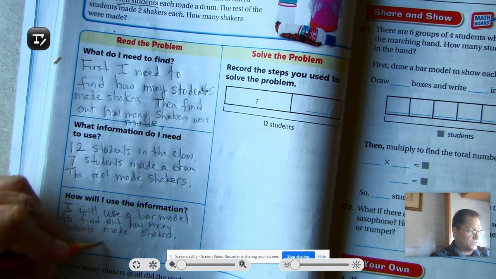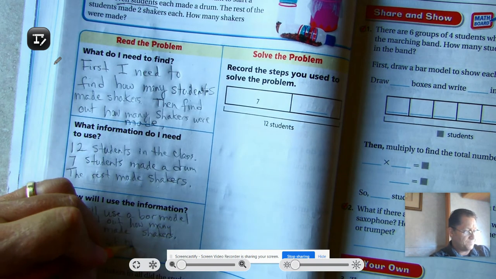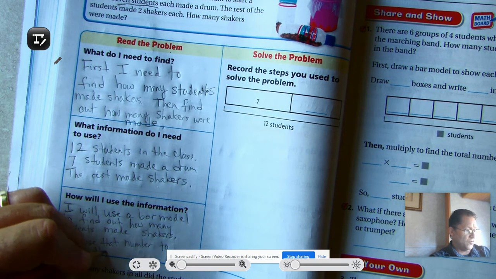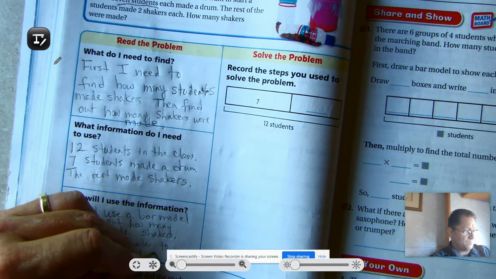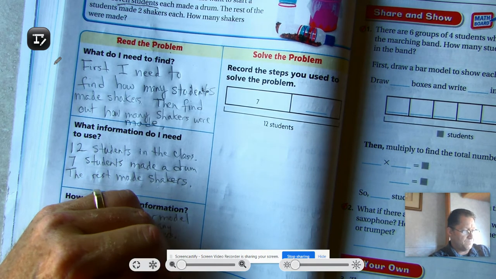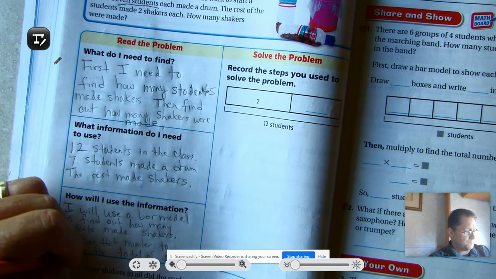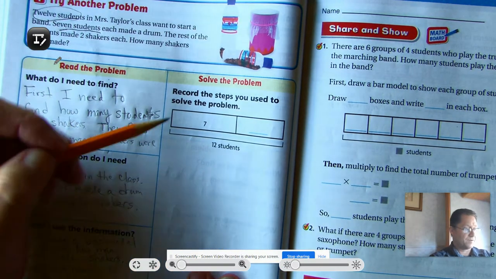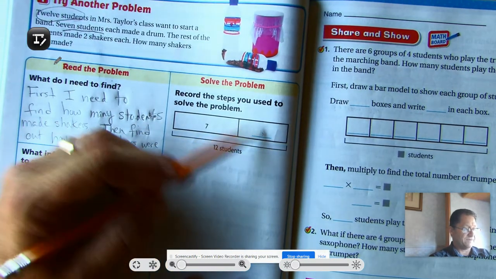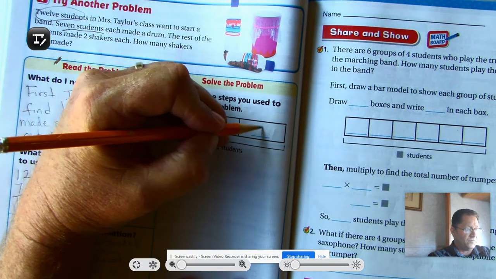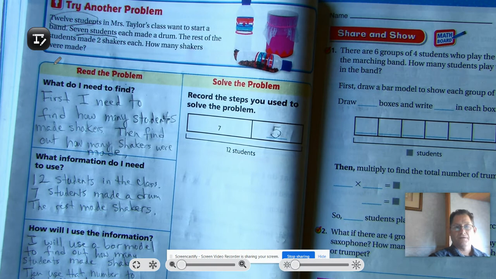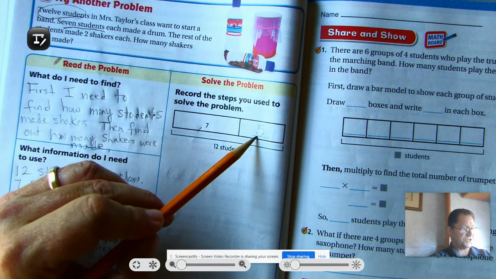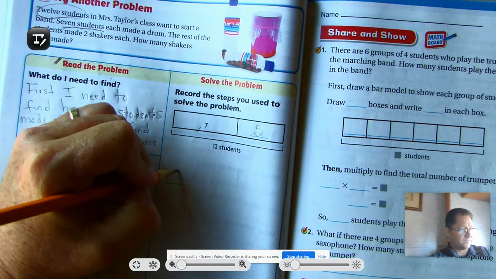Then use that number to find the total of shakers made. Our first bar model represents addition. 7 plus something gives me a total of 12. Well, we should know that that's 5. So if 7 students made drums and 5 students made shakers, I now have a bar model that would have 5.